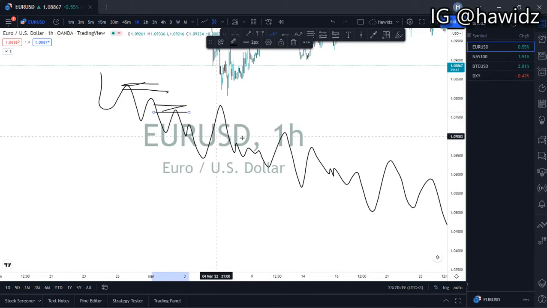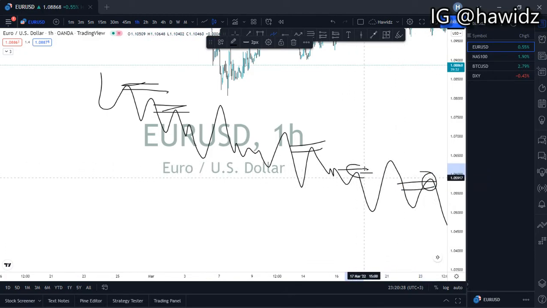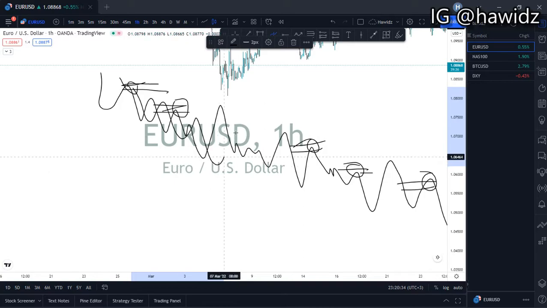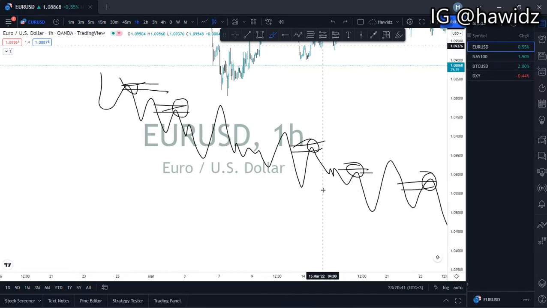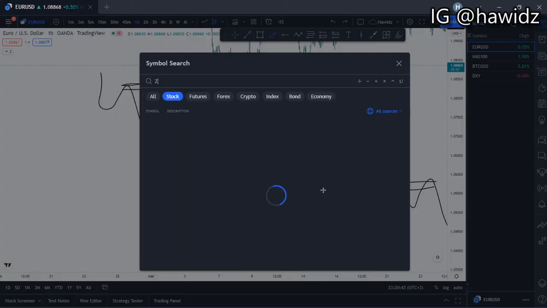Areas to sell from, here, right here. These are areas that we want to look at in order to catch these sells and take price where? Down, right? So that is the overall concept of supply and demand in its overall simplicity.